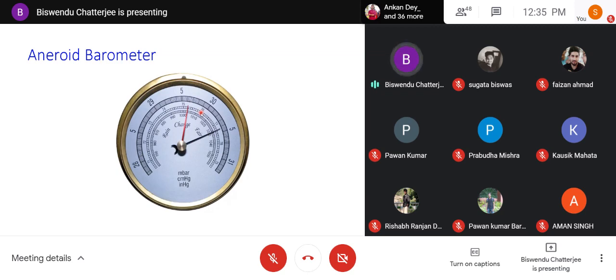So by just looking, whether it is lower or higher, you can see at a glance what the required pressure is. Suppose the red needle is here and the movable needle is here, that means it is far more than the set pressure. So that can be done in this barometer.